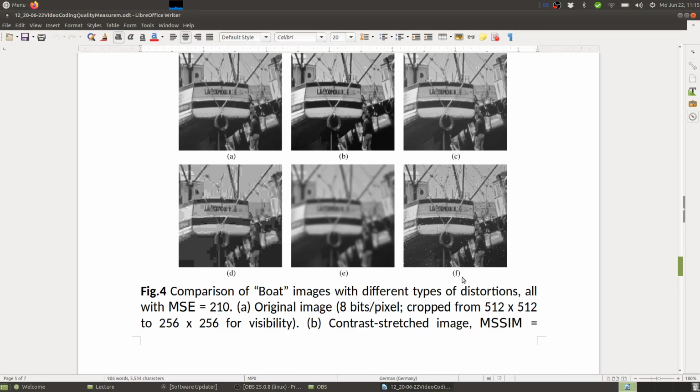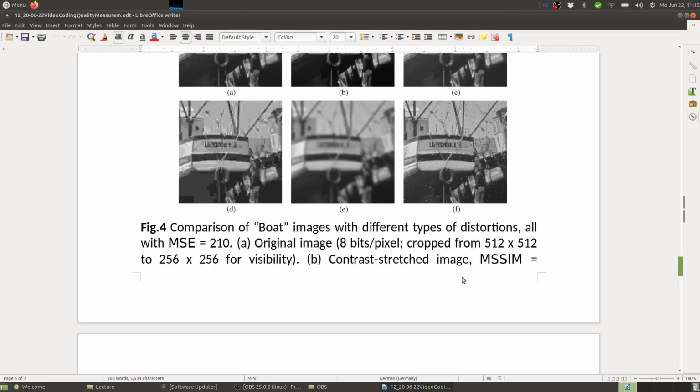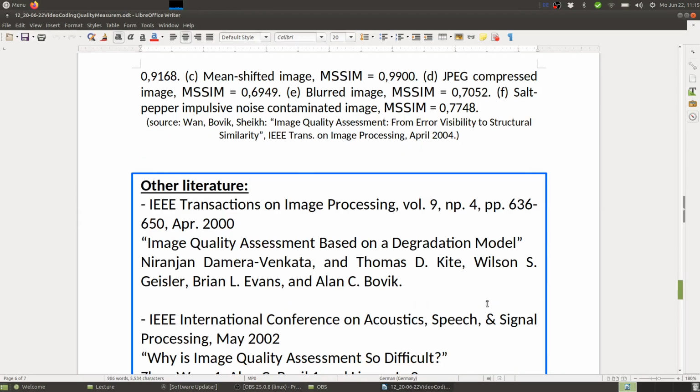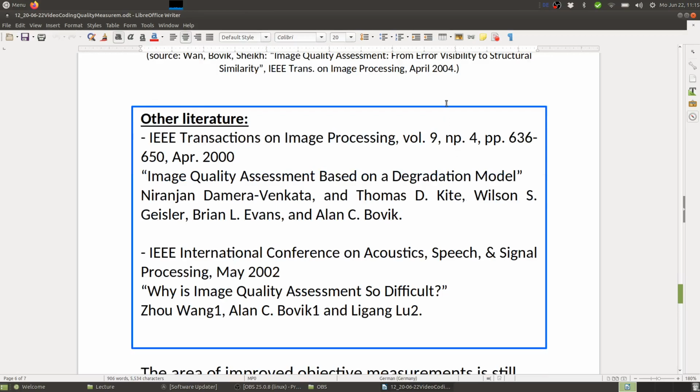Even though clearly B and C look much better to the human eye. So that shows that this MSSIM gives a much better correlation to what the human eye is seeing. So it works actually quite well with the MSSIM, and not so well for the PSNR.